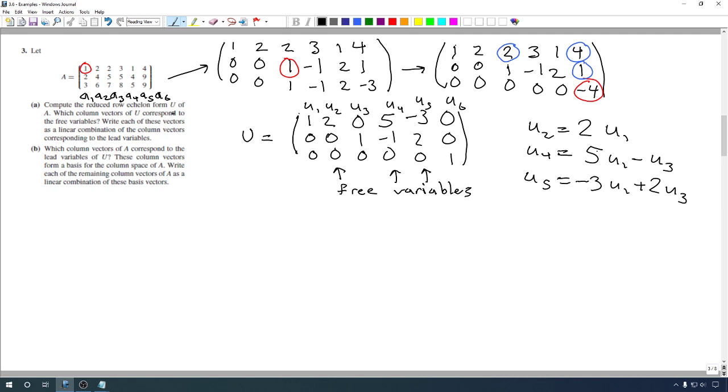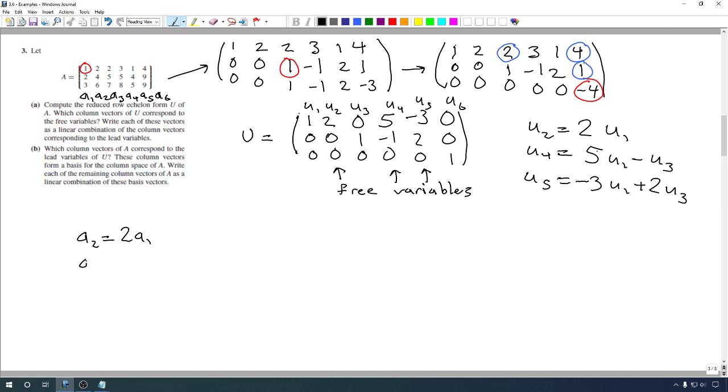But if we label those A1 through A6, then we still have that A2 is just 2 times A1. If you look at the second column of our matrix A, everything is just double what we have in the first column of matrix A.